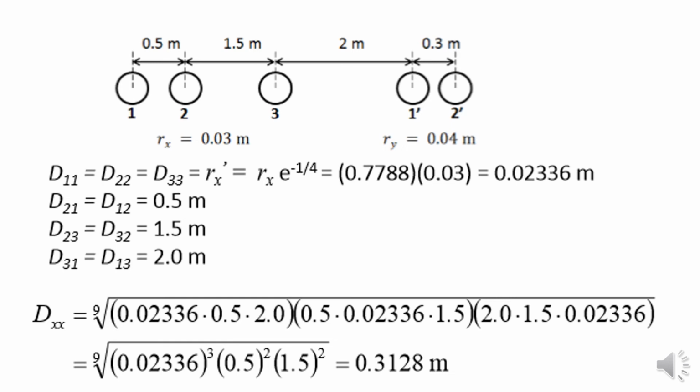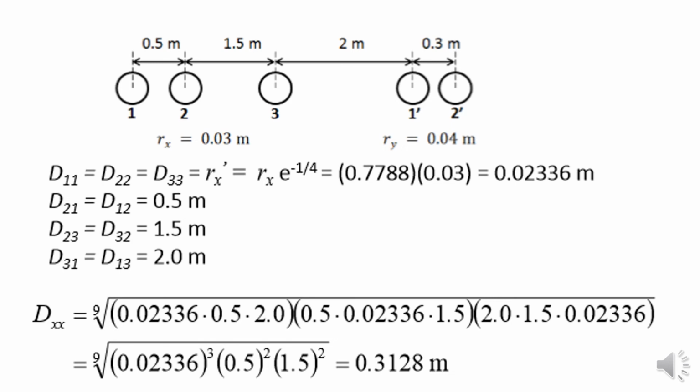If you have a distance between the same line, like D11, D22, D33, it is calculated as Rx multiplied by e to the power minus 1 over 4, right? This is associated with how the flux will affect things, so I'm not going to explain that here, we will just use it.